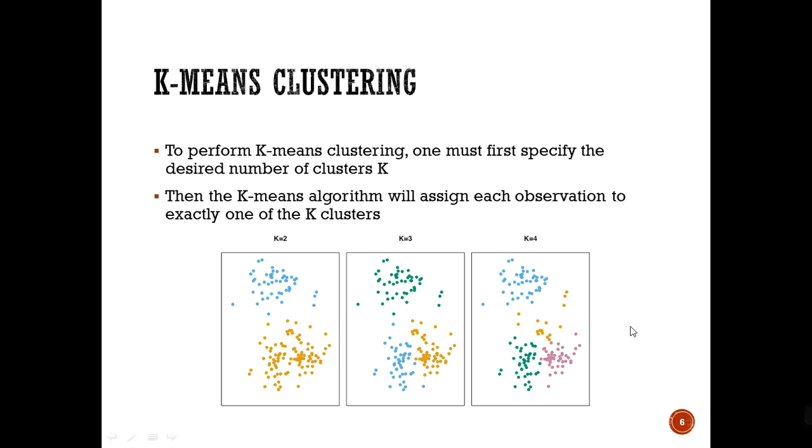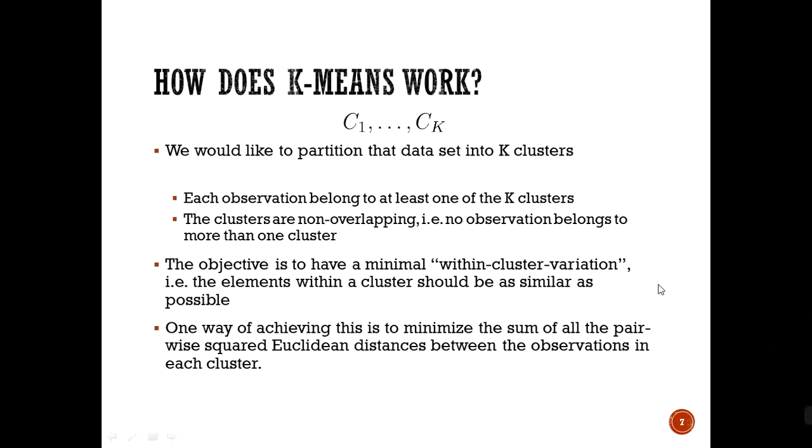Now let's actually look at the details of k-means clustering. Firstly, we have to define some notation for clusters or sets. So we'll call them C1 through Ck, and they are sets of indices of the observations. So the indices are 1 through n.